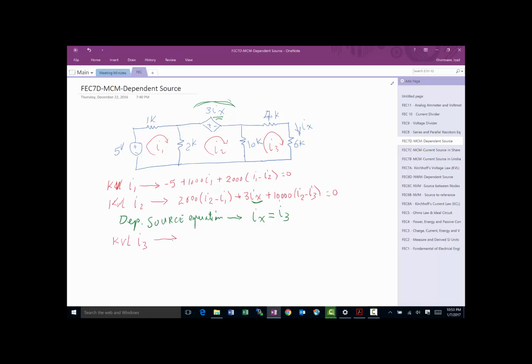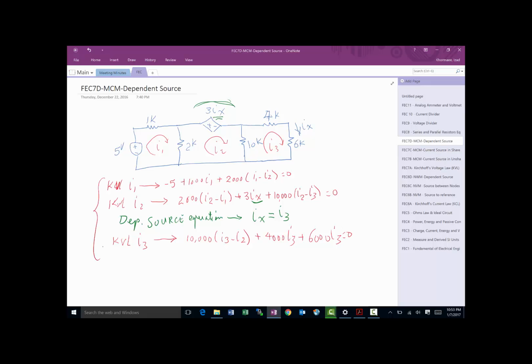So if you do a KVL for I3, it's going to be 10,000 (I3 minus I2), and then plus 4,000 I3 plus 6,000 I3 equal to 0.